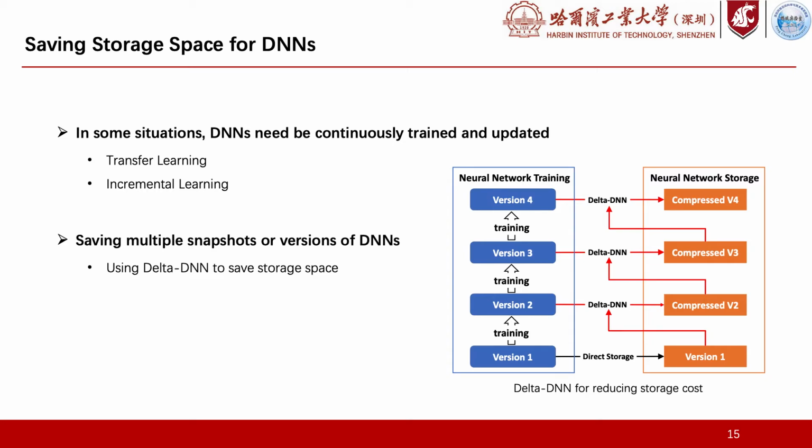That may occupy lots of storage space. In this scenario with Delta-DNN, we can only save the original version of the DNN fully, and the following versions will be saved as lossy delta data. This is much smaller than a full version. Thus, the storage space can be greatly reduced, as shown in this figure.